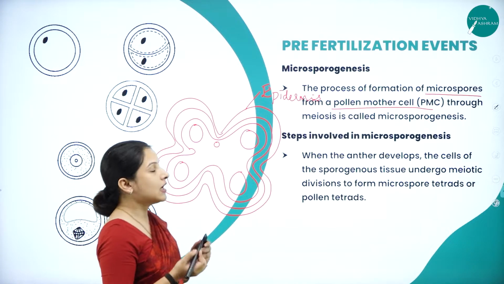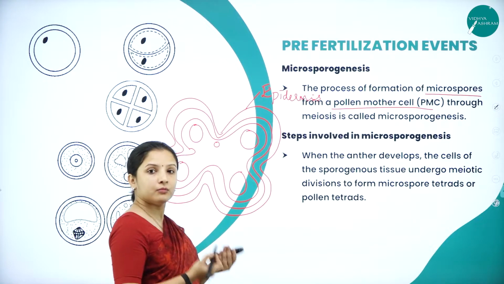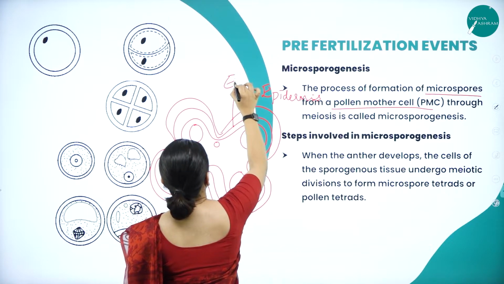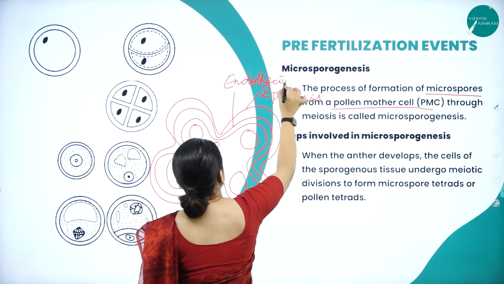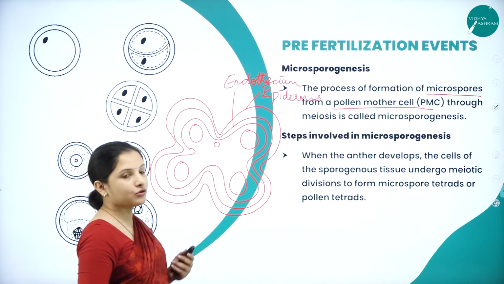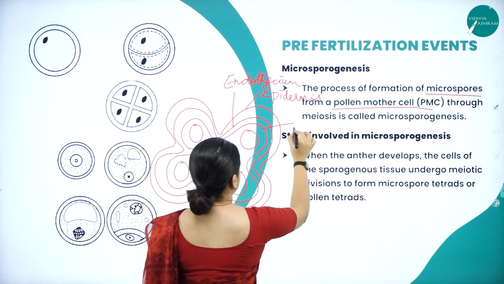So, epidermis. Below the epidermis, you have the endothecium. Endo means inside. So this is the endothecium. Inner to the endothecium, you have the middle layers.